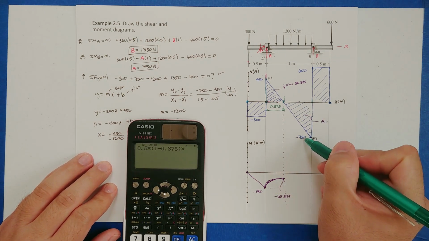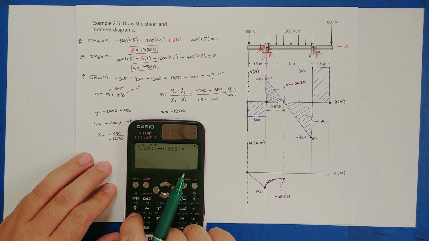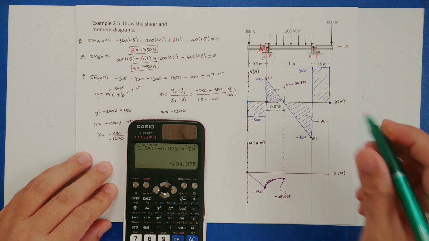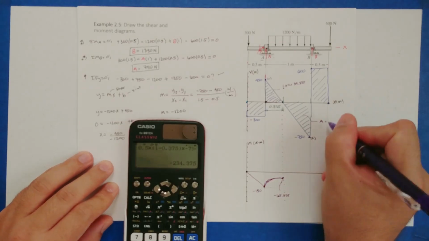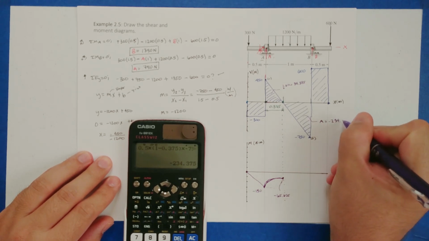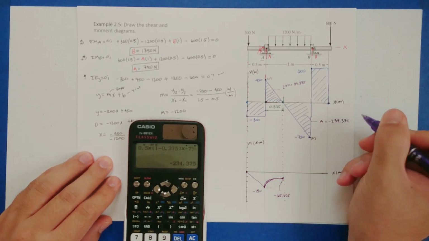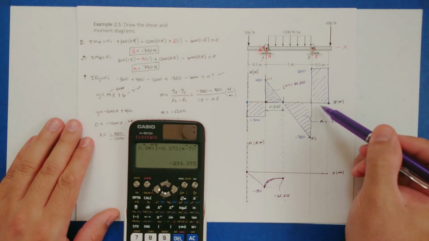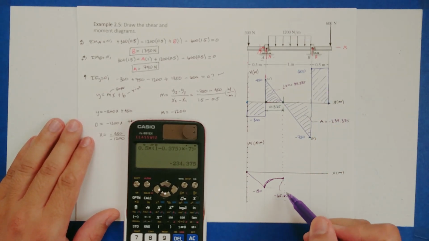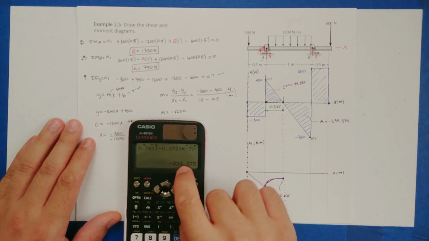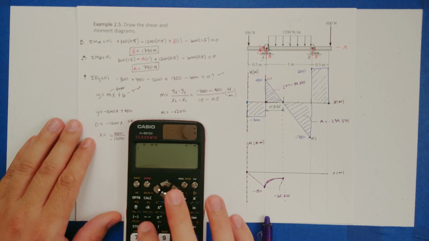The height for this triangle is going to be negative 750, sorry. So this area is minus 234.375, and it's negative because it's below the x-axis. So to this value, now I'm going to subtract 234.375.